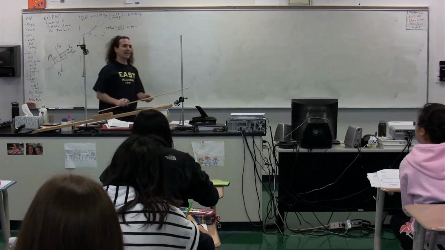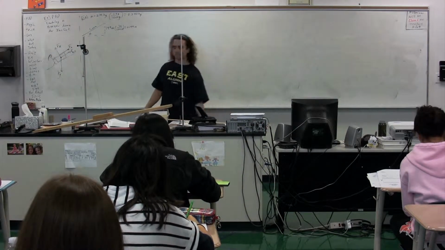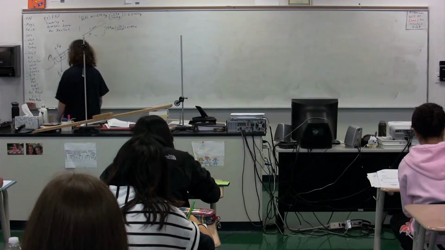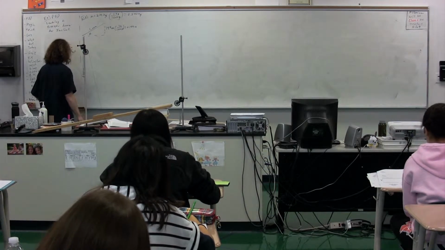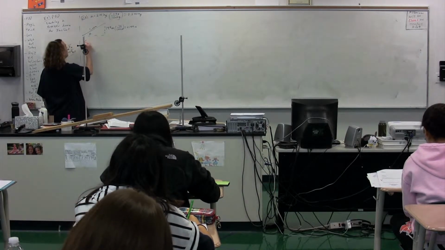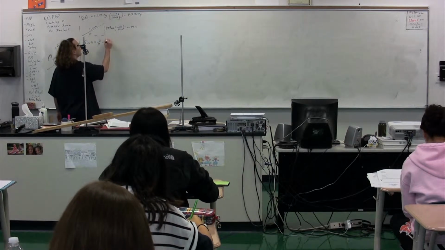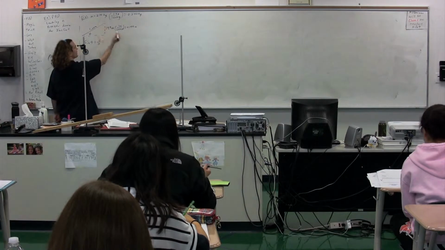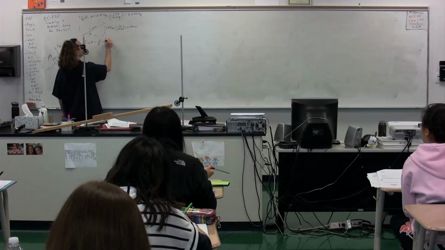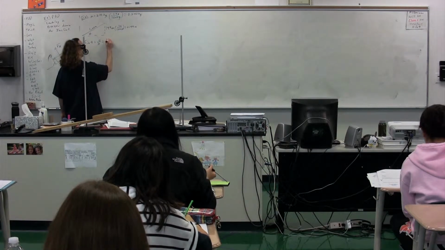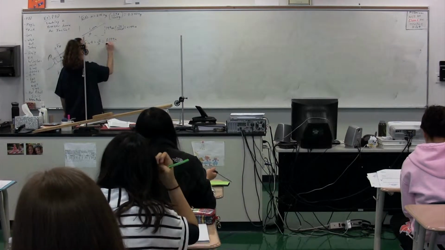Please figure out the incline angle for me. Mrs. Hong? Sine theta equals opposite over hypotenuse equals 19.9. Well, we should have them in the same dimension. Equals 0.199 meters over 1.